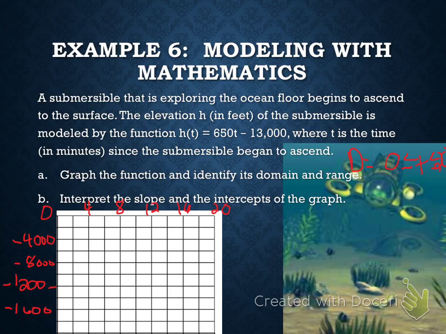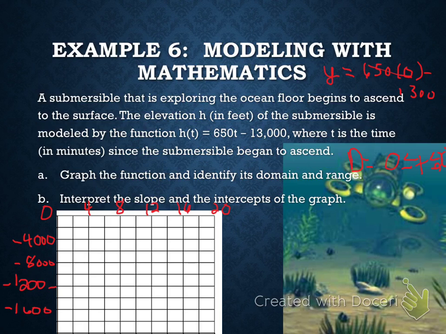So we put h of t. So I'll just put y. We want to know when y equals 650 times 0 minus 1300 to find the y-intercept.